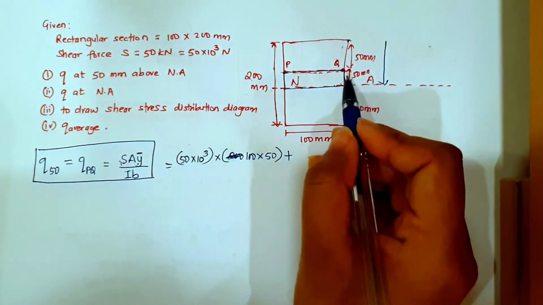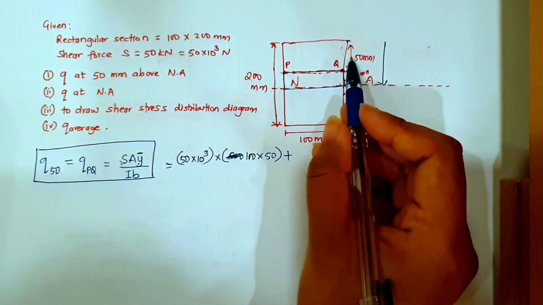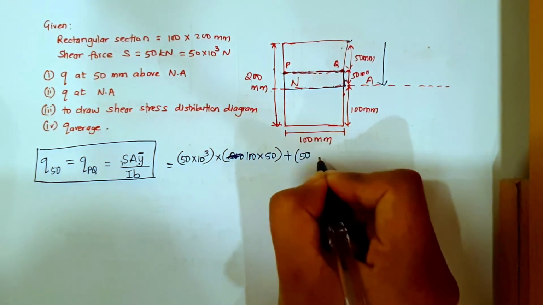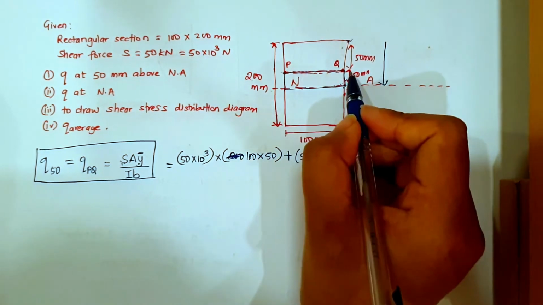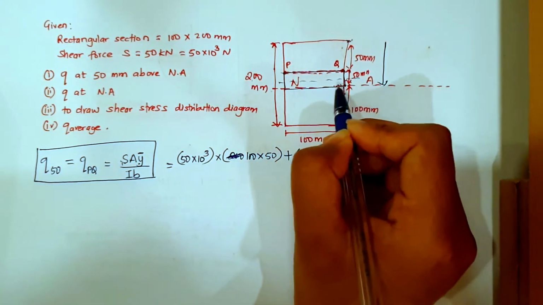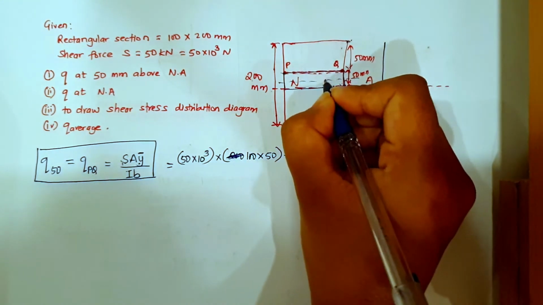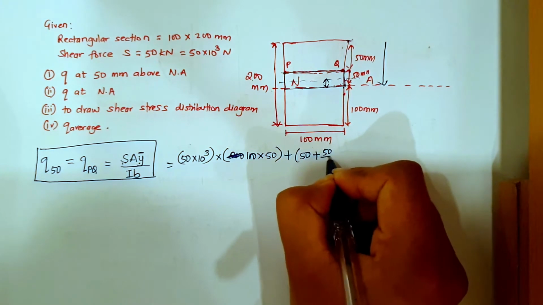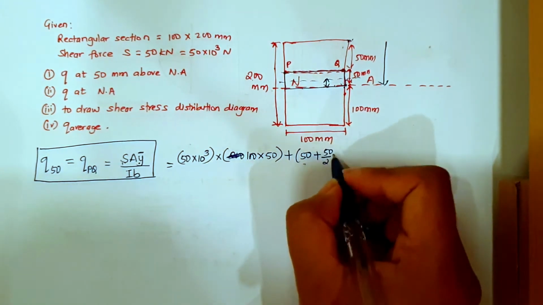So from here to here I have 50 plus I have this 50. Now we should take half of the section, just this much. So this will be 50 divided by 2. This is y bar.